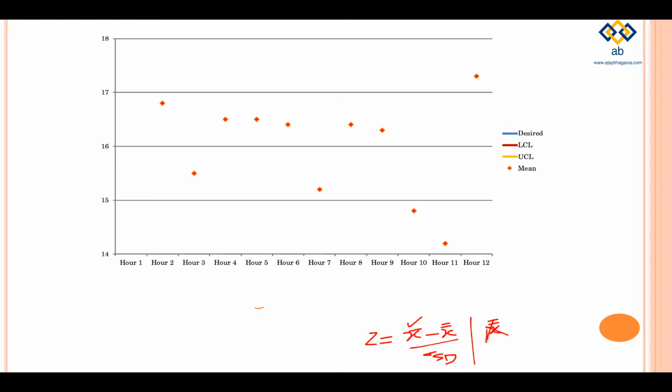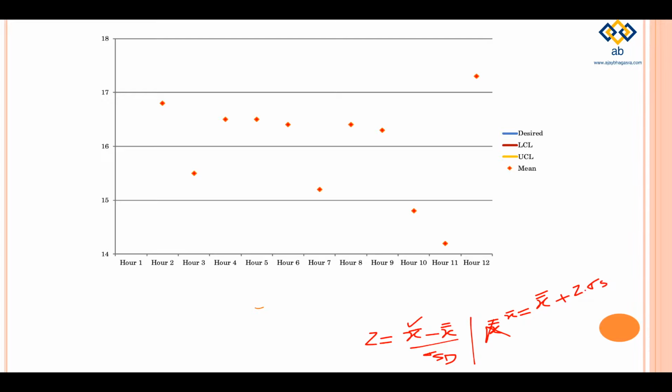X bar equals X double bar, which is the mean of the population, plus Z multiplied by sigma SD, right? This is our formula.